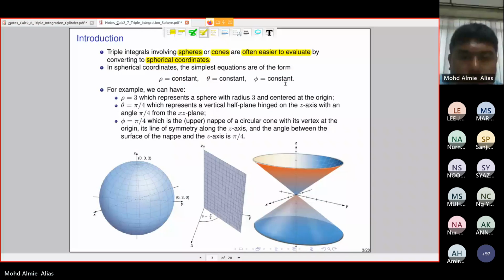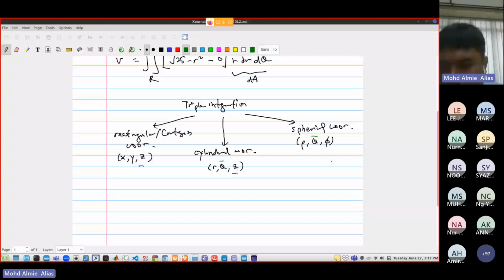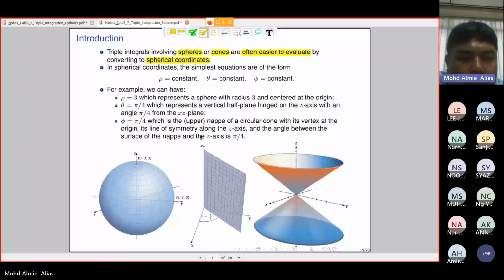Okay, so phi here is spelled phi. For example, we can have rho equals 3. Rho equals 3 is actually a sphere with radius 3 centered at the origin.